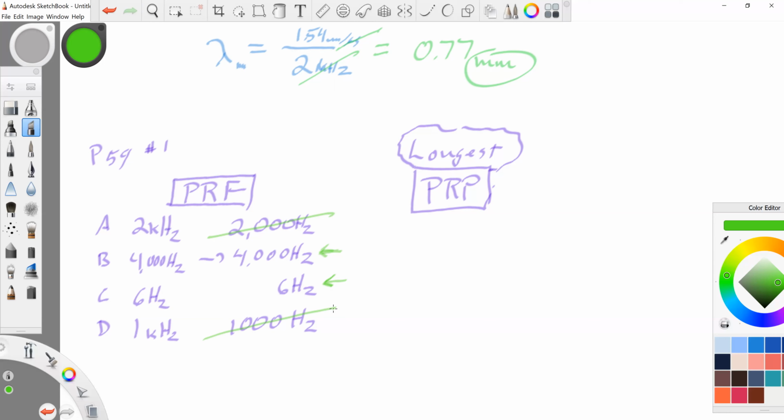Now let's use knowledge. Pulse repetition frequency and pulse repetition period are in fact reciprocal. They're inversely related perfectly, which means they're reciprocals. So 1 over PRF is equal to PRP, 1 over PRP is equal to PRF. That means if one goes up, the other goes down. If one goes down, the other goes up.